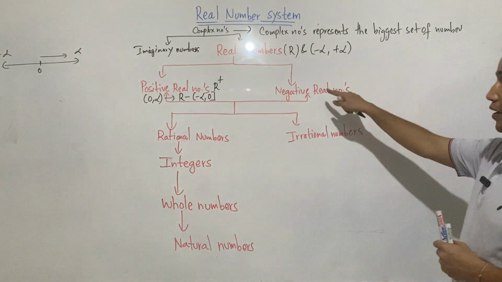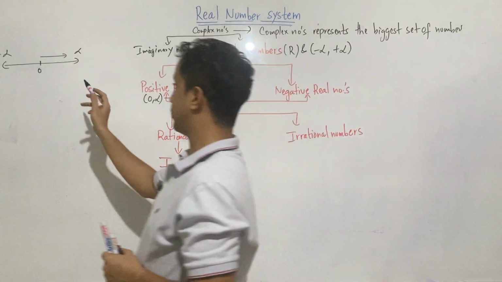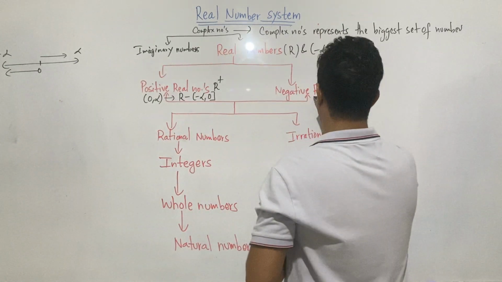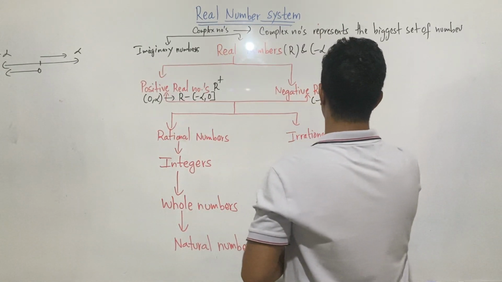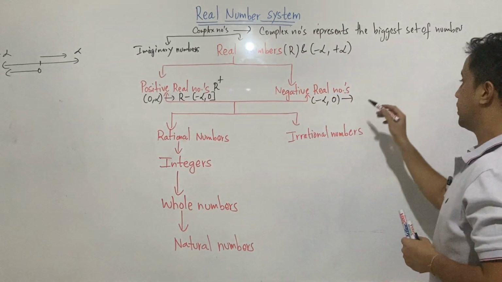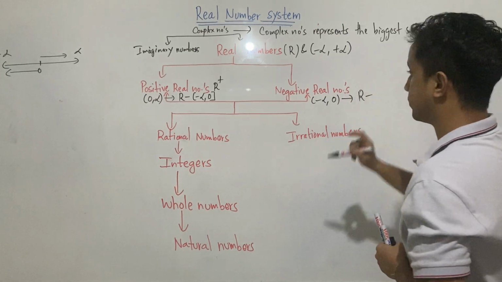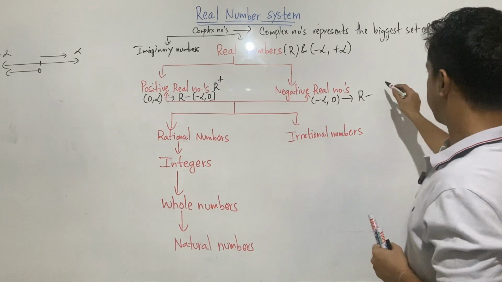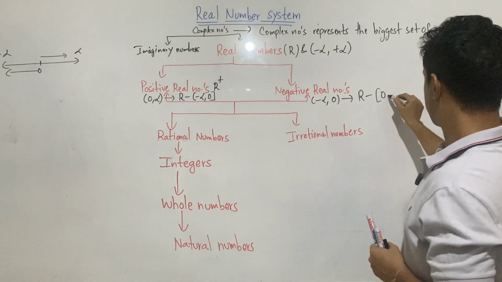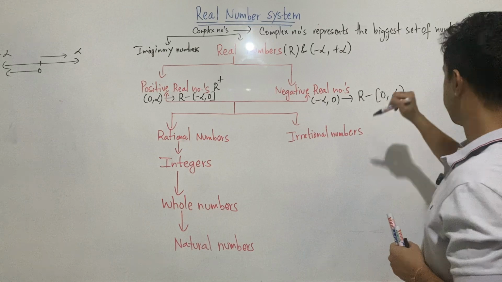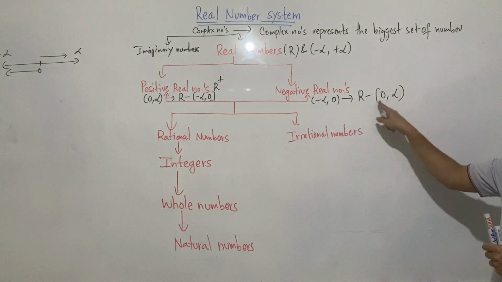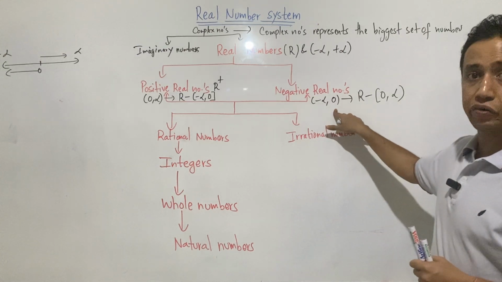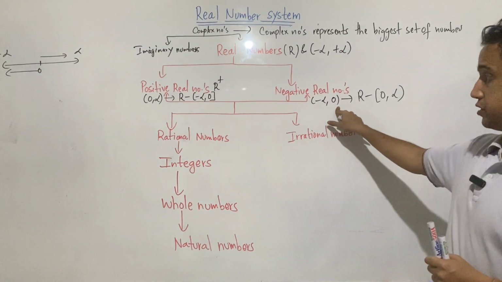Then negative real numbers means this one, from minus infinity to 0. Or in another way, I can also write it as the set of real numbers minus 0 to infinity. Why? Because here I'm including 0, so from here it is excluded. I hope you understand this.